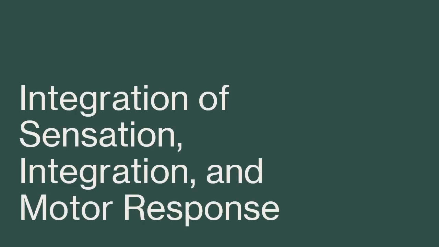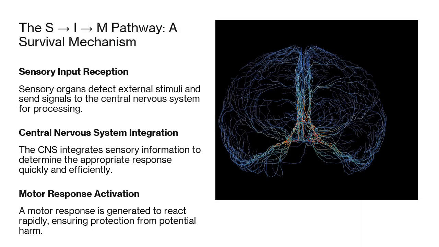So we can look at how sensation, integration, and motor response coordinate for effective survival. It gives us that seamless flow from stimulus detection to the action. So just summarizing how this all works together: in the SIM pathway, we have our sensory input reception. The sense organs detect an external stimulus and send the signals to the central nervous system.